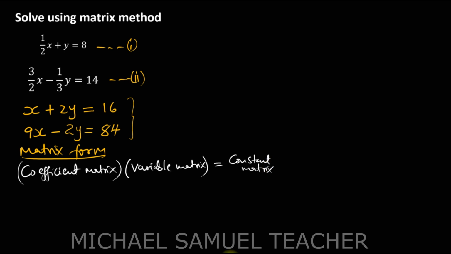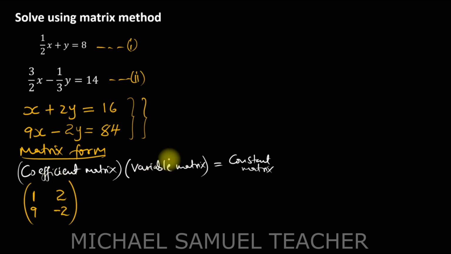To extract the coefficient matrix: the coefficient of x is 1, the coefficient of y is 2, then the coefficient of x is 9, and the coefficient of y is minus 2. I enclose them in brackets. So this is the coefficient matrix.